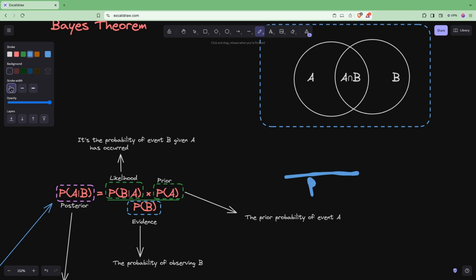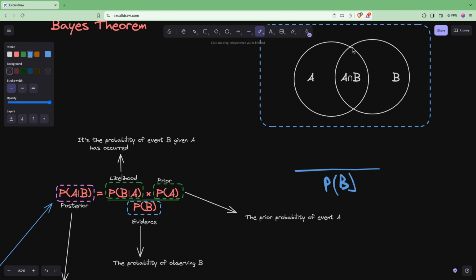So it's nothing but the probability of B. B is the sample space. Now we had an assumption about the probability of A, when B had not occurred yet.